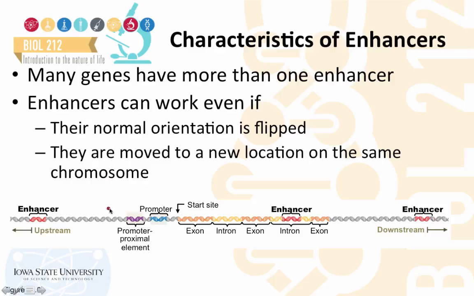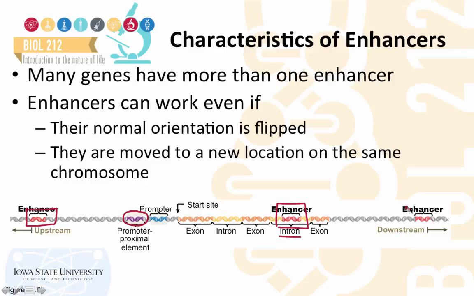As shown in this image, in addition to promoter proximal elements that help regulate gene expression, there are additional elements called enhancers located far away from the promoter that help regulate gene expression. So we have one enhancer in this example that is upstream of the promoter and another one that is downstream of the promoter within the actual DNA sequence for the gene in an intron.